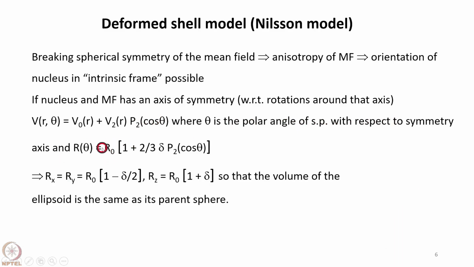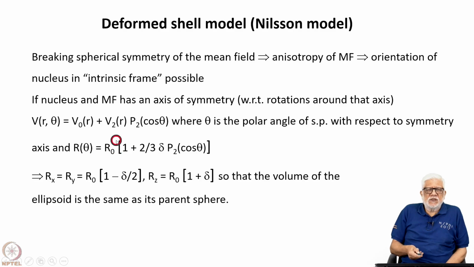And so R of theta is given by R0, which is a sort of average radius of this deformed nucleus, times 1 plus 2/3 of delta, we had defined delta earlier, times P2 of cos theta. So Rx and Ry are the same for a prolate nucleus, and this is just given by R0 into 1 minus delta by 2.